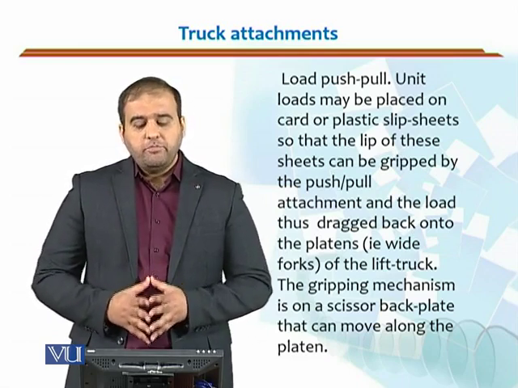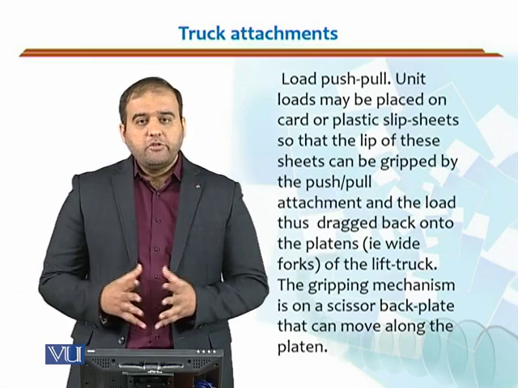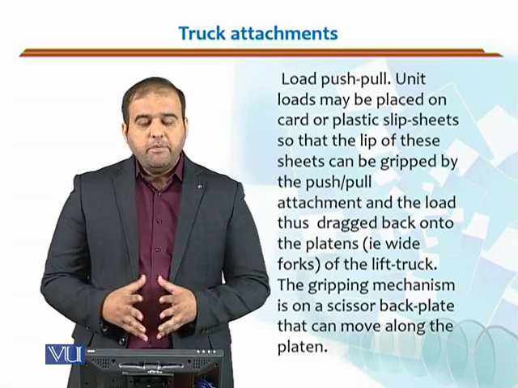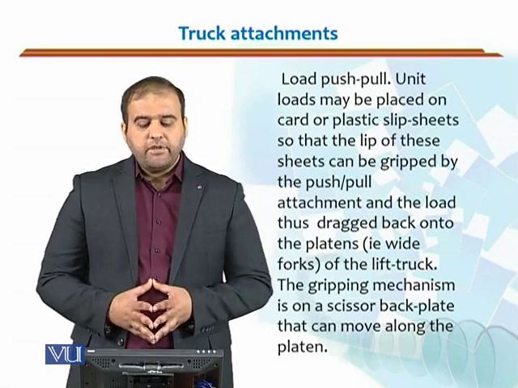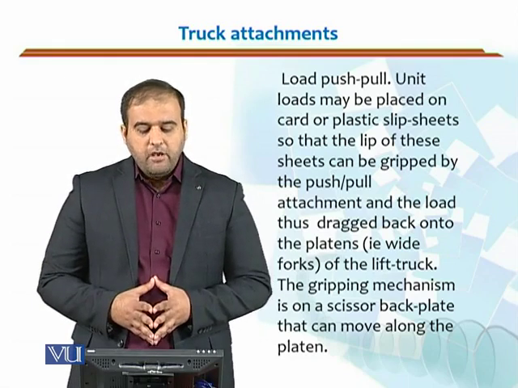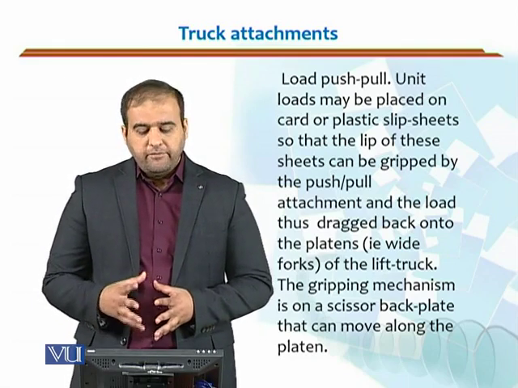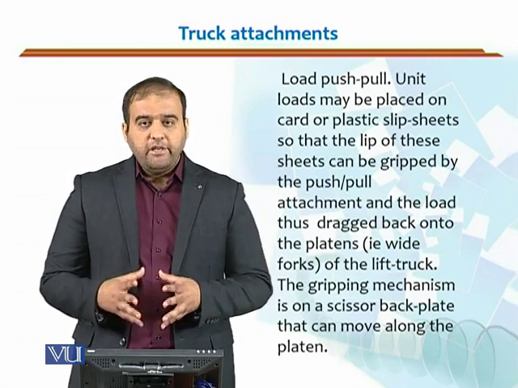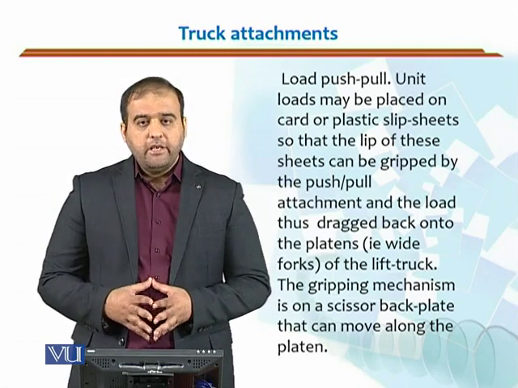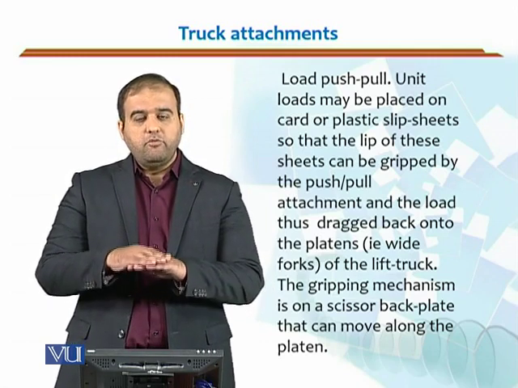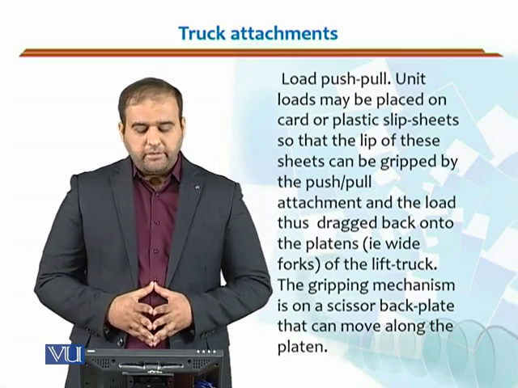So the load push-pull mechanism is such that unit loads in the form of cartons or bins may be placed on the card or a plastic slip sheet. They are placed on a sheet and gripped with the help of some platens. And the lift truck actually moves the gripped cartons and bins upward.